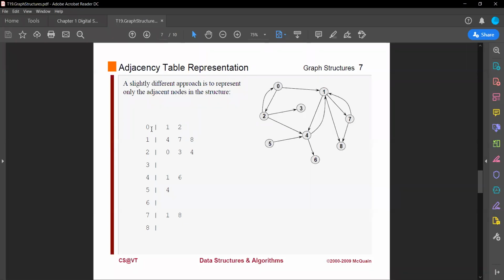So you just link 0 with 1, and then 1 with 2. That means 0 is connected with 1 as well as with 2. Then 1 has an edge with 4, 7, and 8. So 1 is linked with 4, 4 is linked with 7, 7 is linked with 8. That means 1 has an edge with 4 as well as with 7 and 8.